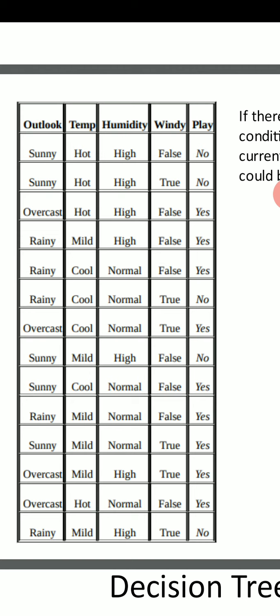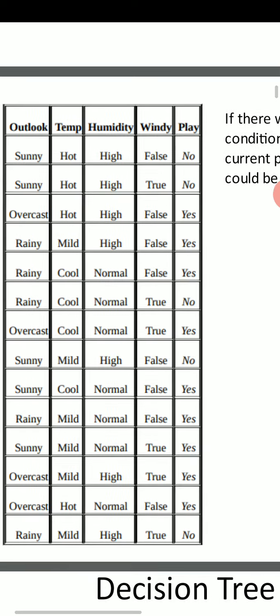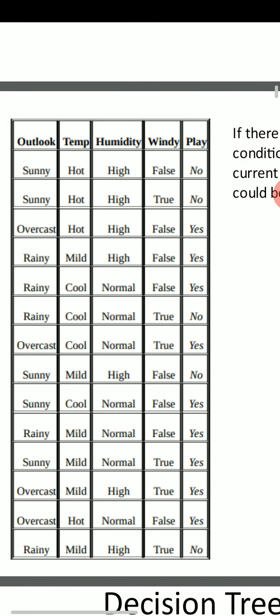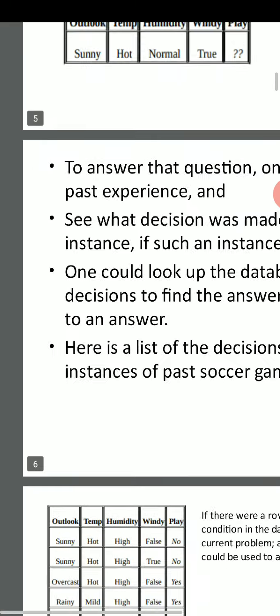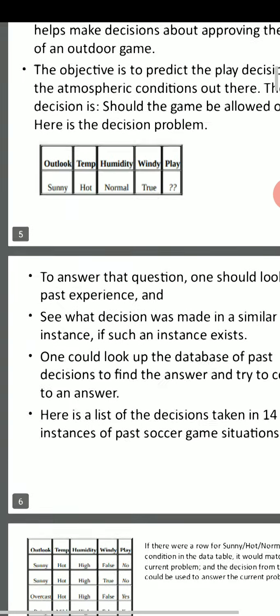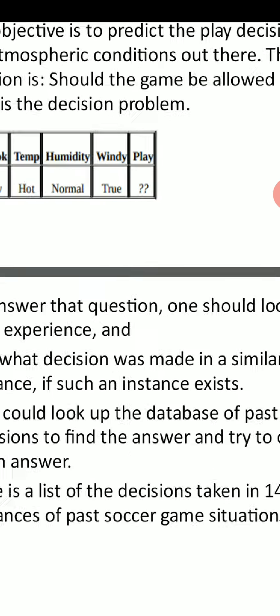If the outlook is sunny, temperature is hot, humidity is high and windy is false, the decision made to play is no. Similarly, there are a set of rows which gives you a training data set.